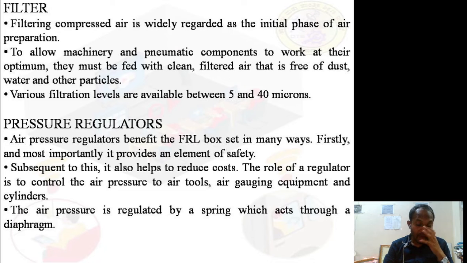Minimum is fine, but maximum operating conditions matter. Even a boiler will have a maximum pressure limit of so and so. Even in the pneumatic system, how much can we compress the air? If it is limited to 10 bars, it should not exceed 10 bars.